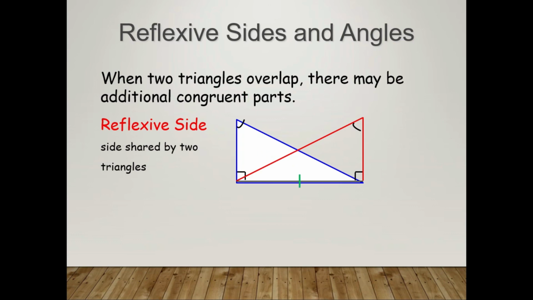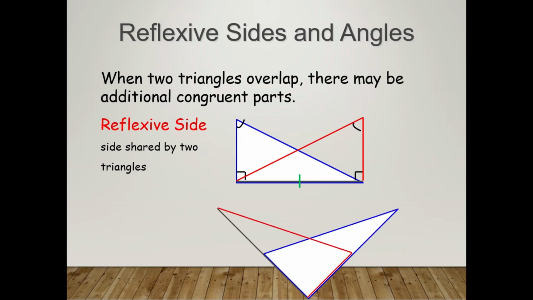Ayun. So we have this side. Ibig sabihin, since they are overlapping triangles and kitang-kita na they are congruent, this is the third information that we have to prove that these two triangles are congruent. Another example.